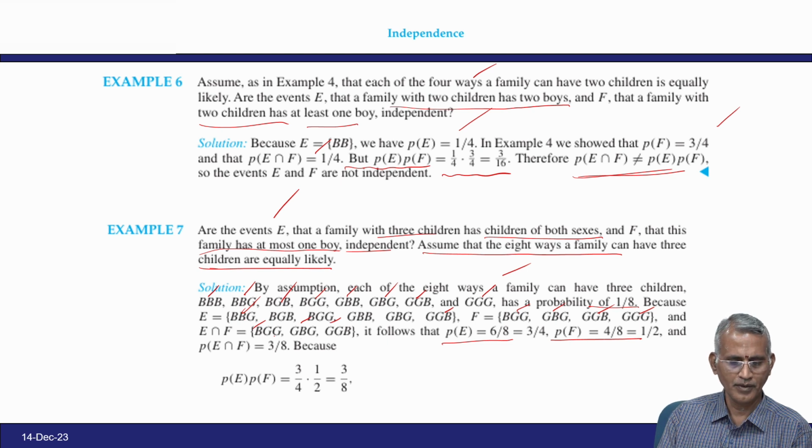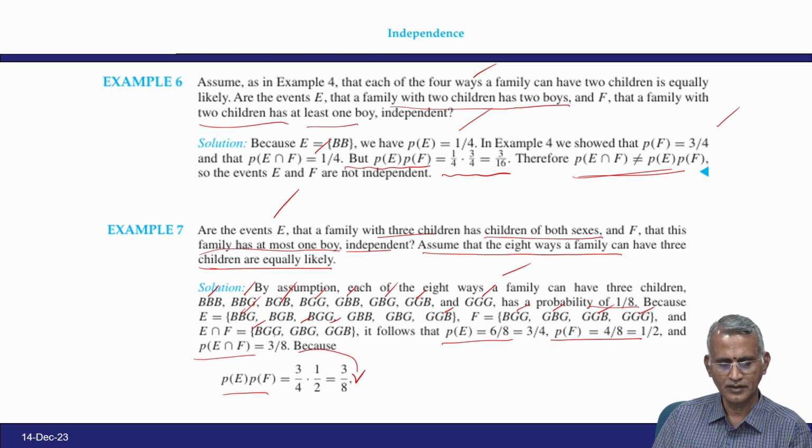This implies probability of E into probability of F is equal to 3 by 4 into 1 by 2, which is equal to probability of E intersection F, which is equal to 3 by 8. So, this way we can check the independence of 2 events.